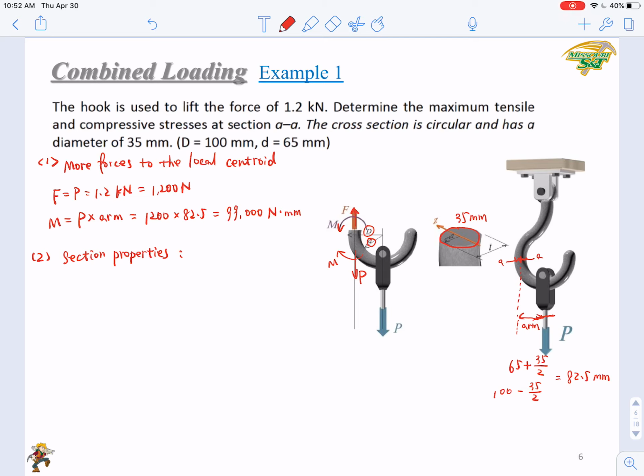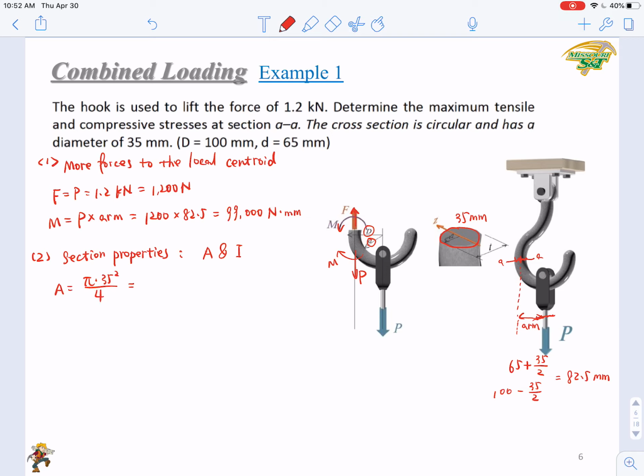Right, you may have realized that in here we will need to do two sets of calculations. One is to analyze normal stress induced by the axial loading, F or P. Then we'll analyze the bending stress due to the bending moment M. So you will need two section properties that are A and I. Right, so A is just pi times 35 squared over 4.